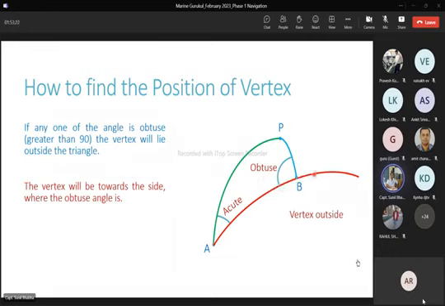So the vertex will go outside the triangle on the side of the obtuse angle. In this case, the vertex will lie somewhere here. You can see the vertex coming up on the screen now. We can now show the meridian of the vertex, and we also know that angle V is a 90-degree angle. So this is the second situation. If any one of the two angles is obtuse, the vertex lies outside the triangle, towards the side where the obtuse angle is.